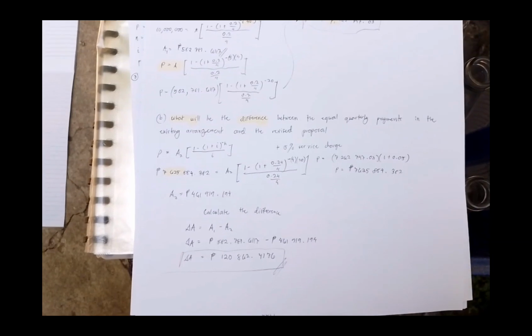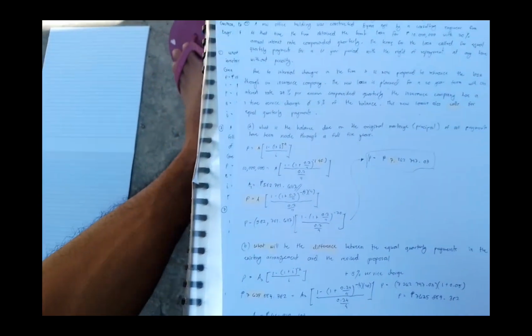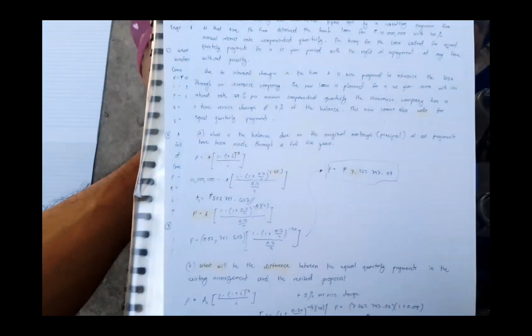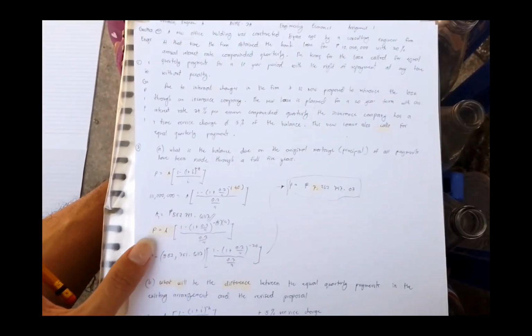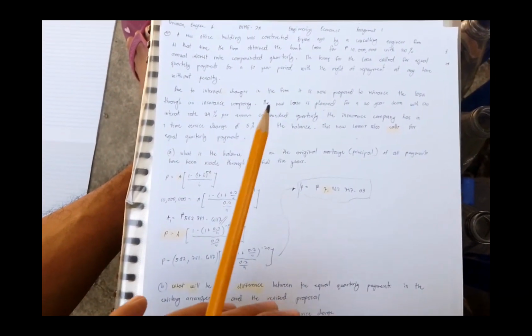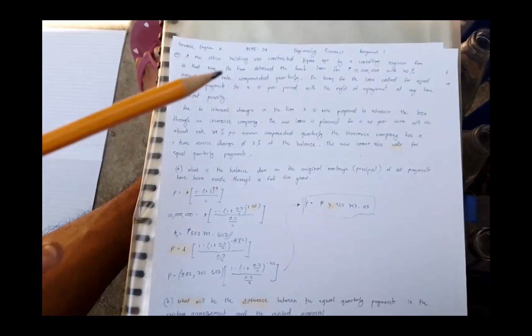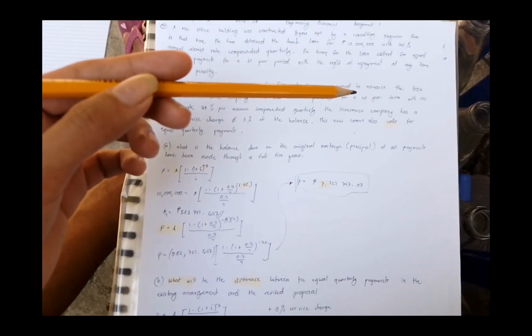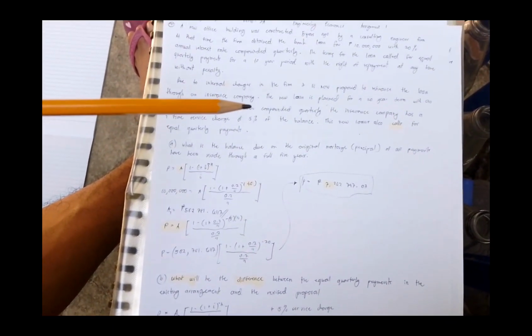Next, B. What will be the difference between the equal quarterly payment in the existing arrangement and the revised proposal? So we look at the revised proposal and the existing one. First, identify the given in the revised proposal: a 20-year term with an interest rate of 24% per annum compounded quarterly.